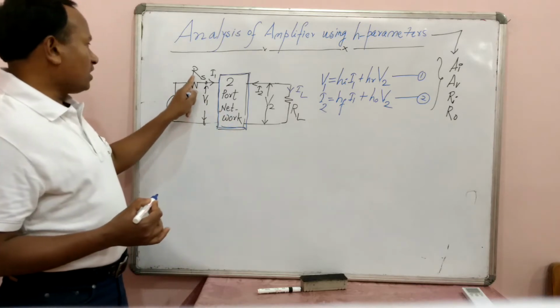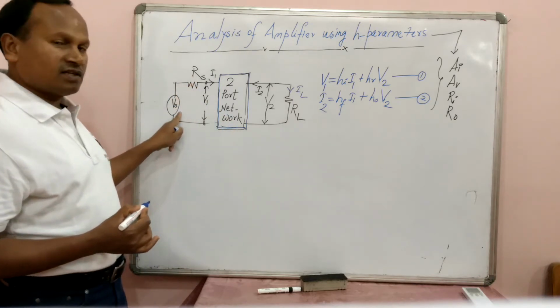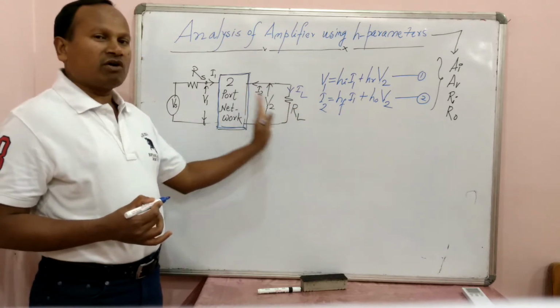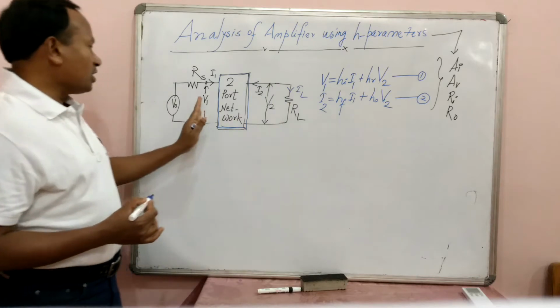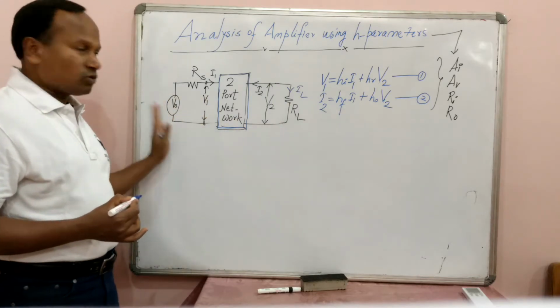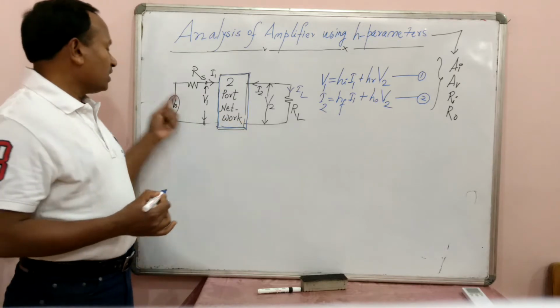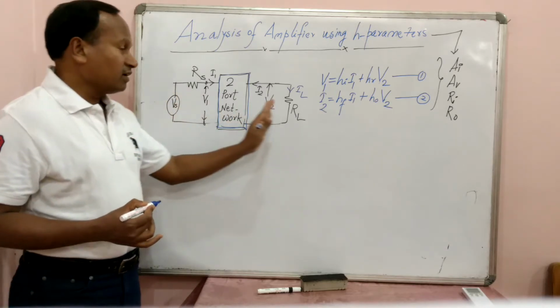Here Rs is the source resistance and Vs is the source voltage, and similarly there is a load. Something which is beyond the output is always load, and something which is before the input is always source. So when it is brought into practice or application, it is connected to source and load.